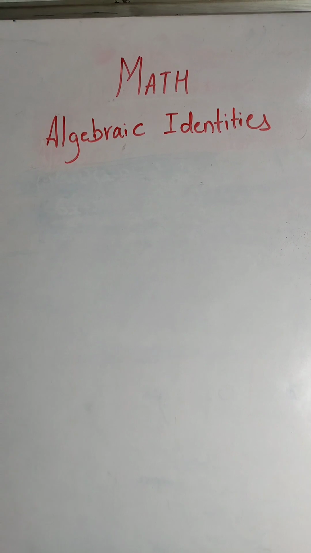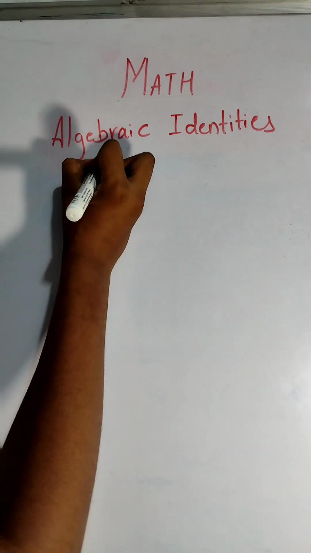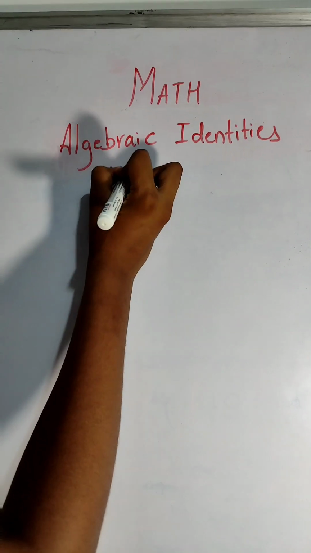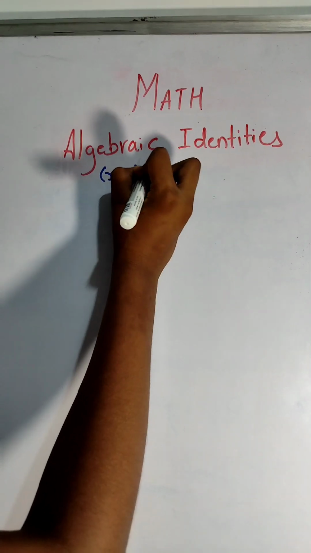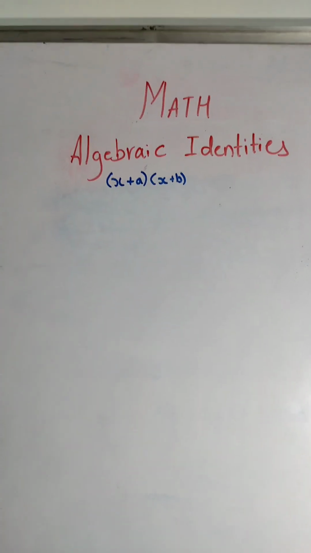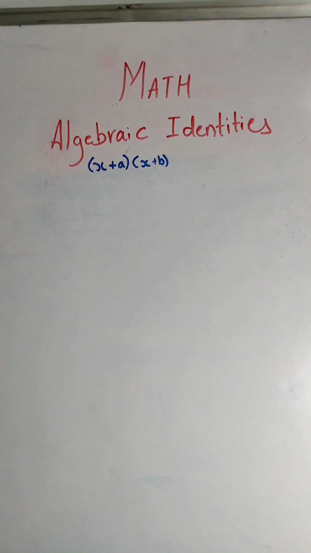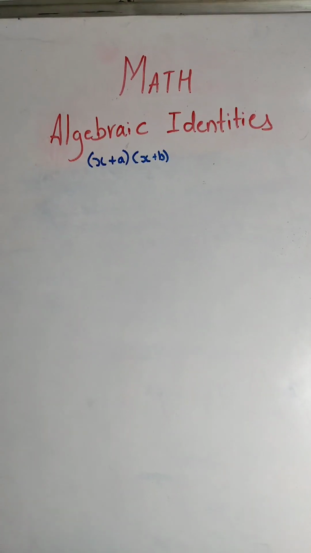Now let's move over to the last and final identity, which is known as (x + a) into (x + b). So here you can see that this is the fourth identity, and as I said earlier, the fourth identity is a special identity.